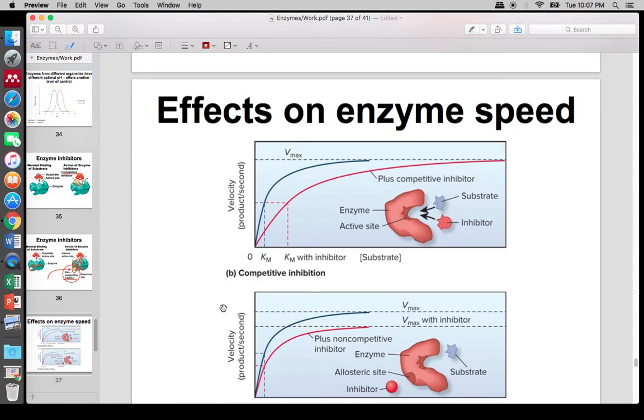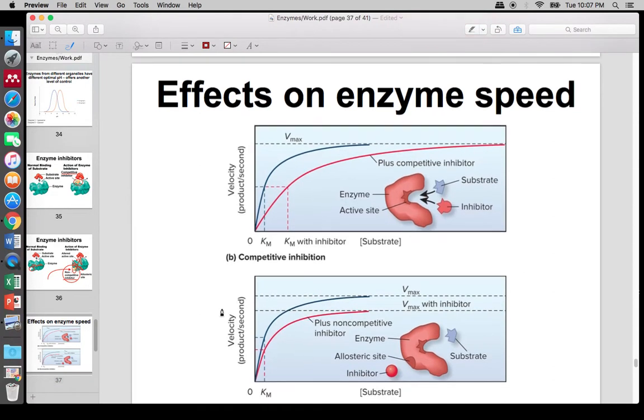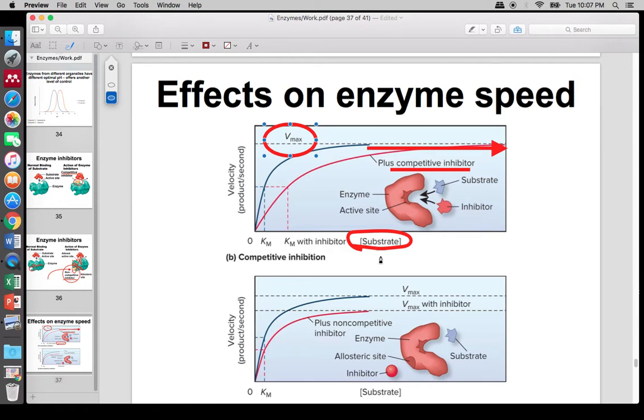I'm not going to ask you about speed, but again, if it helps your understanding, better for you. So if you have a competitive inhibitor here, if you add enough substrate, you eventually, see this red line is the enzyme with competitive inhibitor, you eventually get back to your Vmax and nothing changes. You just have to add a lot more substrate.